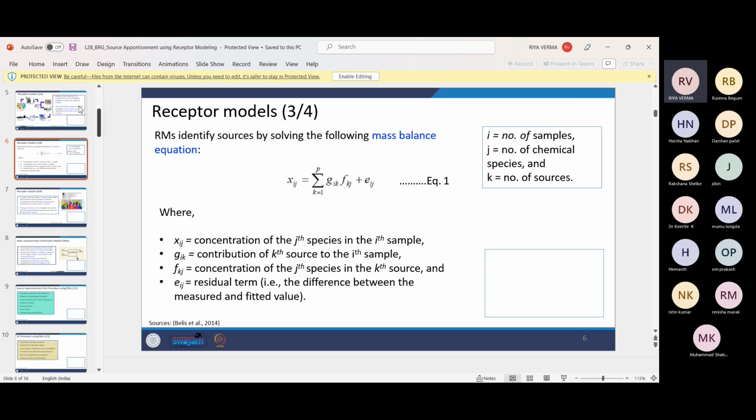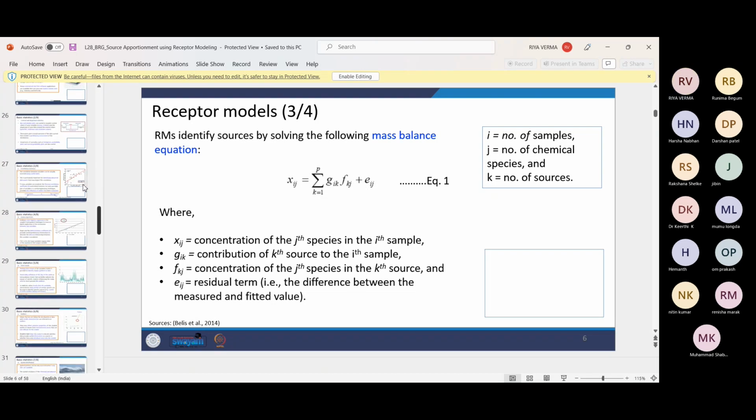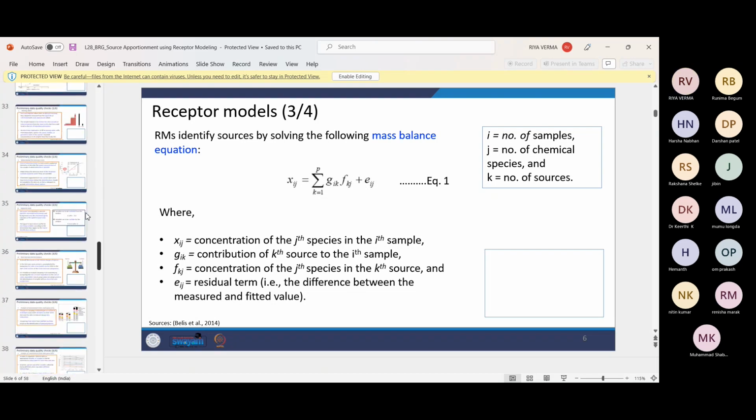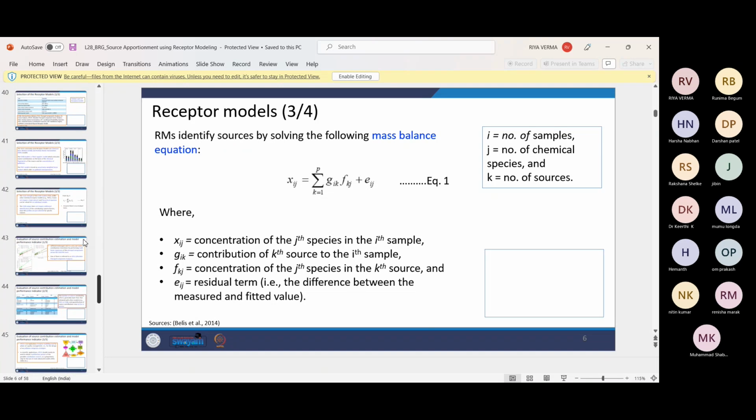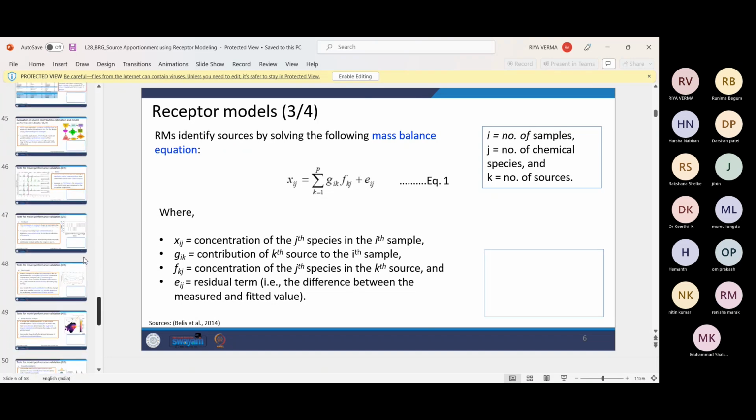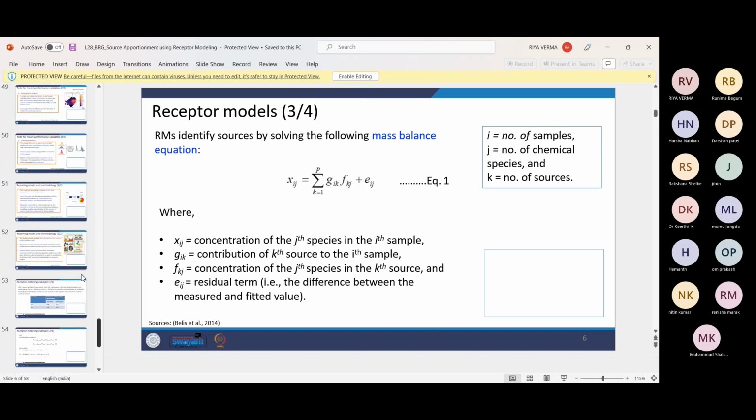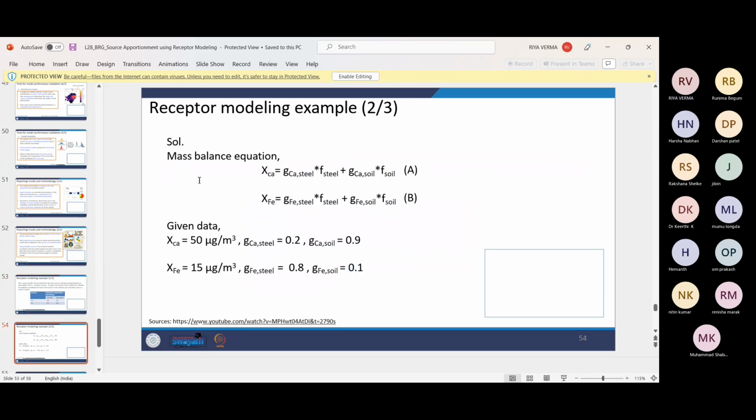So let's move towards our question. G is your contribution and F is your concentration, right?